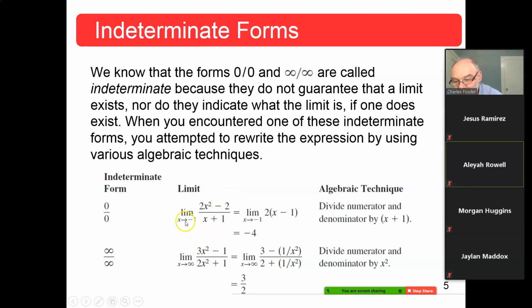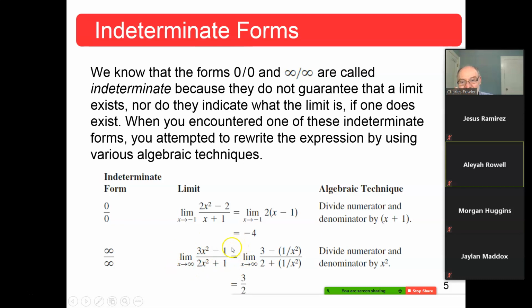The limit as x goes to negative 1 suddenly has a value, okay? Because the denominator disappeared. So 2 times x minus 1, as x goes to negative 1, would be 2 times negative 2, which is negative 4.